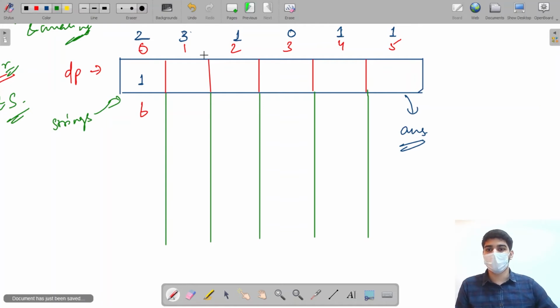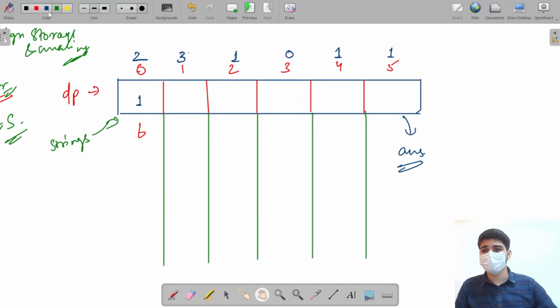Now, if we move forward to dp of 1, which has 3 over here, what does my 3 signify? What can I do with my 3? I can either consider just myself, or I can consider me and the previous number. If I consider just myself and add myself to the strings from previous values, b becomes b and c, which is one possible encoding.